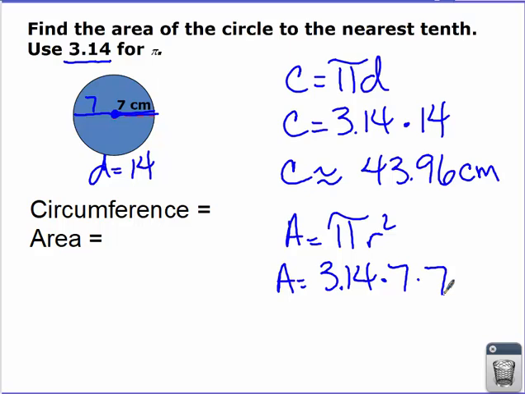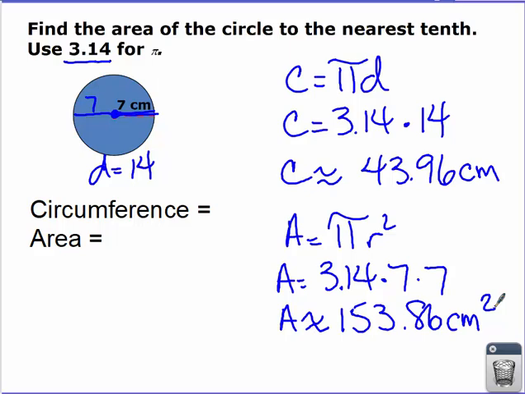So I know r squared means I'm going to do 7 times 7, so I write it as 7 times 7. And then I plug it into the calculator, 3.14 times 7 times 7, and I find my area is approximately 153.86 centimeters squared, because it is an area.